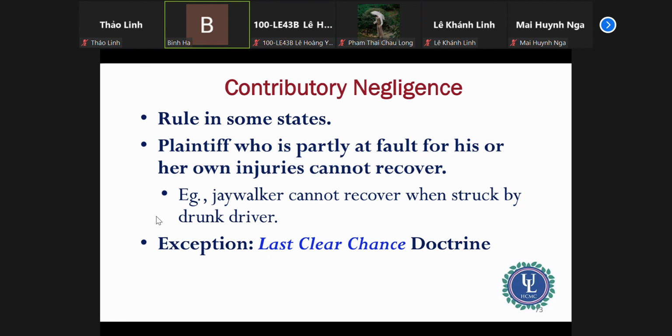For example, if you pass the red light in traffic, and someone on the green light hits you and causes injury to you, in that situation, the one who passed the red light would not be able to claim damages under the tort of negligence, if that state applies the contributory negligence defense.